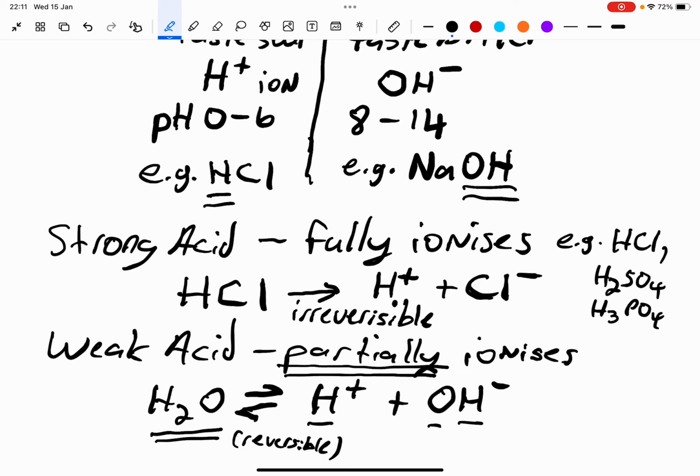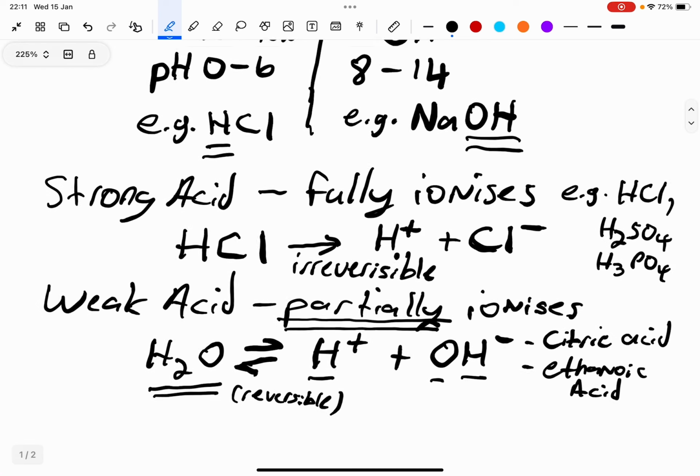Some common weak acids we even know about: citric acid, which we find in citrus fruits, okay? And even vinegar, which we call ethanoic acid, is a weak acid. And we'll talk more about that in another video. So those are the differences between a strong acid and a weak acid.